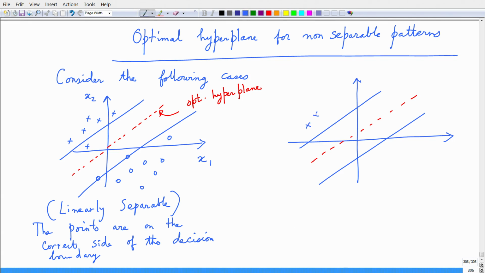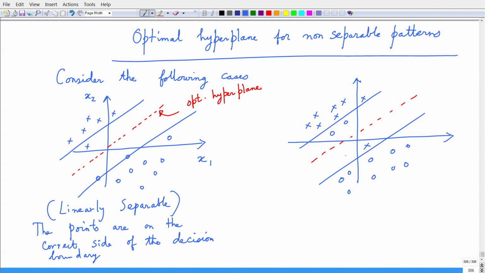I can have points, which are these crosses, that possibly spill over the other side, and I have these circles that are here.